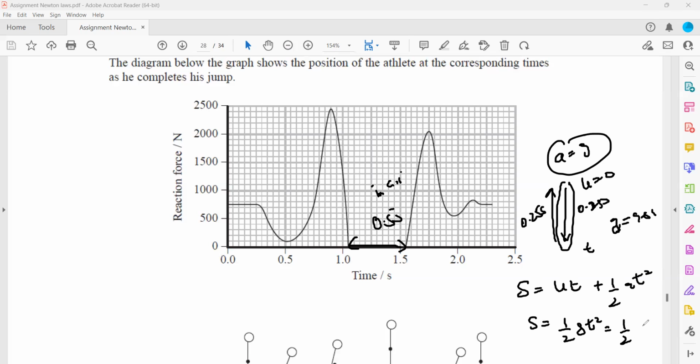So it will be half times 9.81 times 0.25 squared. When we simplify this, we get the maximum height. Basically, we take half of the motion, from how much time he takes to fall from the maximum height. So we work out its maximum height, which is 0.3 of a meter.